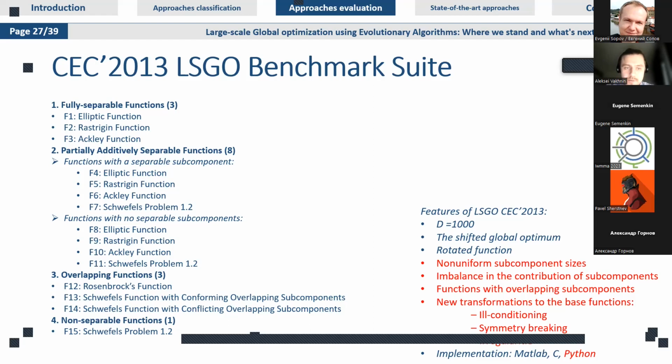The features added here are non-uniform subcomponent sizes, imbalance in the contribution of subcomponents, functions with overlapping subcomponents, and new transformations to the base functions. The scientists added these features to make harder the process of finding separable and non-separable variables.